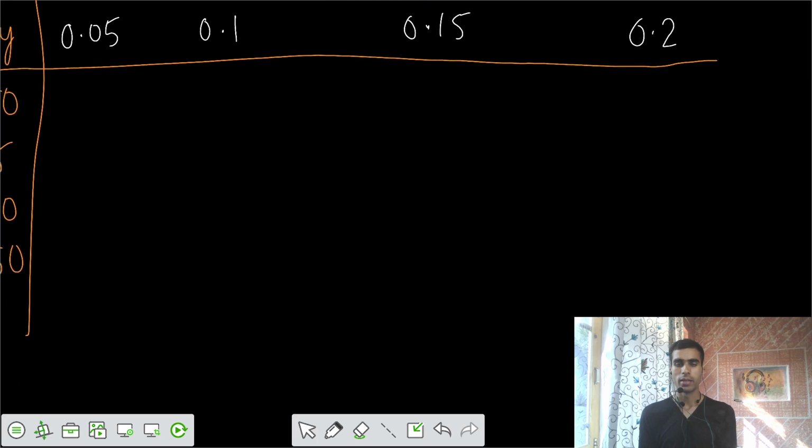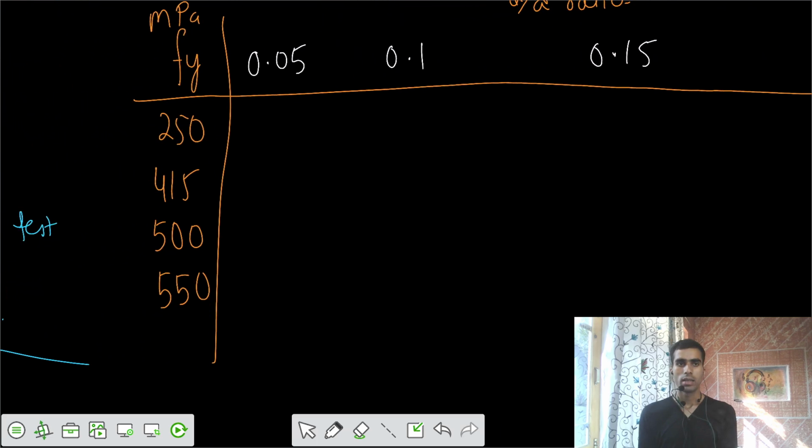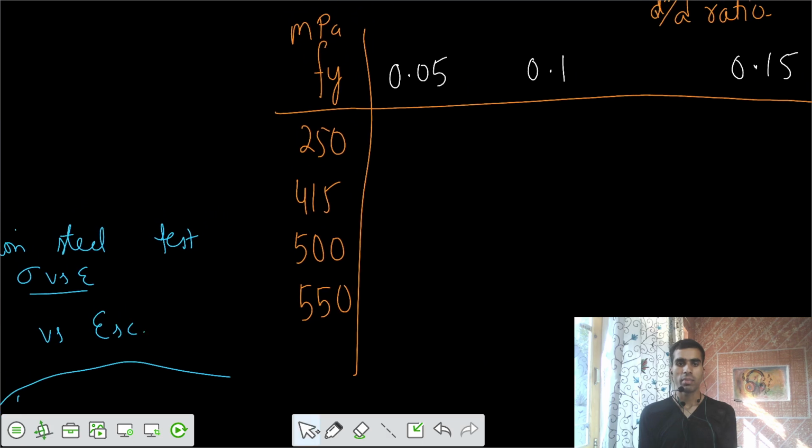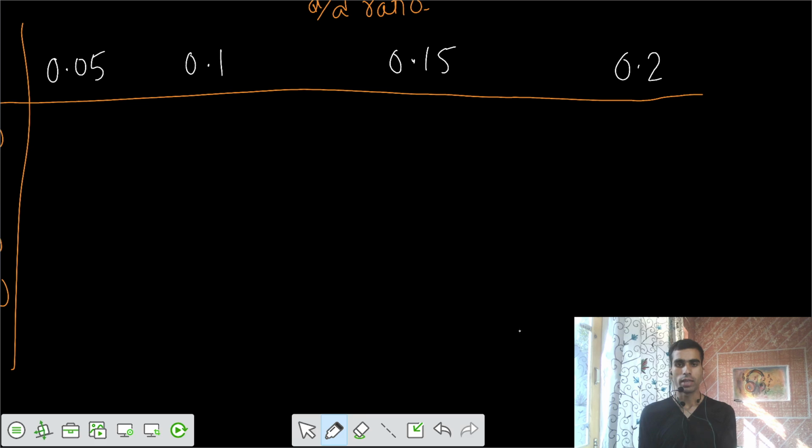For mild steel, the stress FSC is 0.87 into Fy, which comes to 217.5. For all values of d dash by d, if you are using mild steel in compression, you would always have this value of 217.5 megapascals.